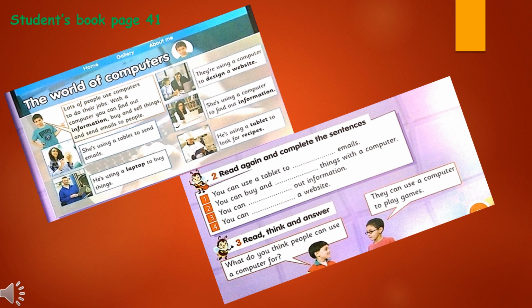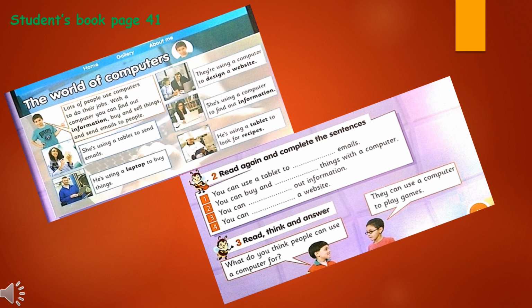Okay, let's answer the questions on exercise 2 together. You can use a tablet to... emails. To what emails? Yes, to send emails. Number 2, you can buy and... things with a computer.